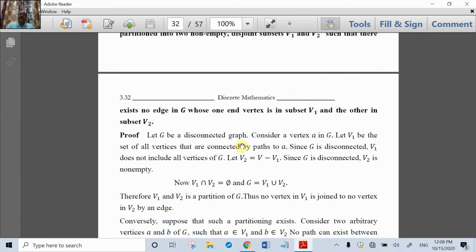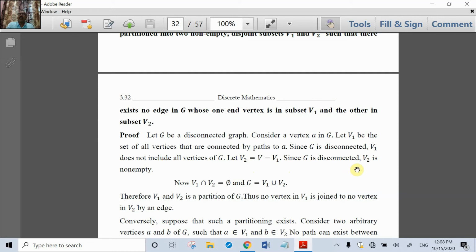Now let G be a disconnected graph. Consider a vertex A. Let V1 be the set of all vertices that are connected by paths to A. Since G is disconnected, V1 does not contain all the vertices of G. Now the remaining vertices we call V2, V2 equals V minus V1.